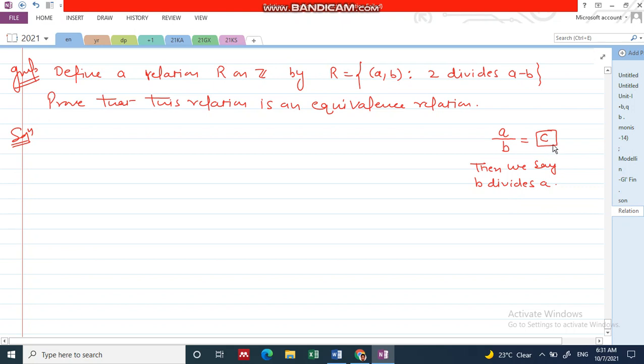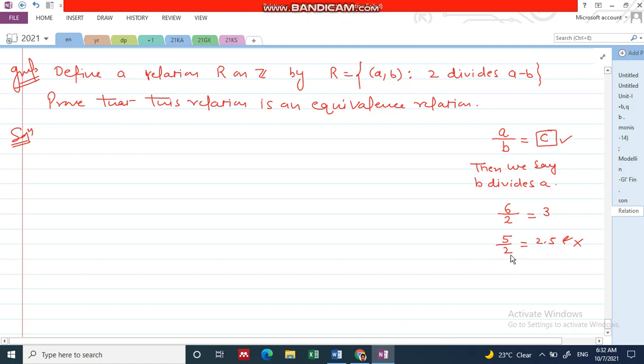And if you do not get an integer, in that case b does not divide a. For example, when you divide 6 by 2, you get an integer, which means 6 is divisible by 2. But suppose you take 5 by 2. In that case you do not get an integer, so we say that 2 does not divide 5.